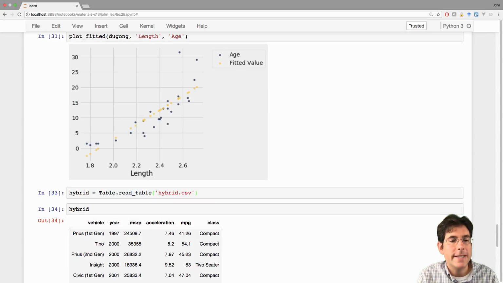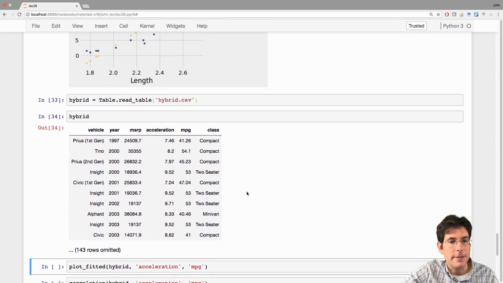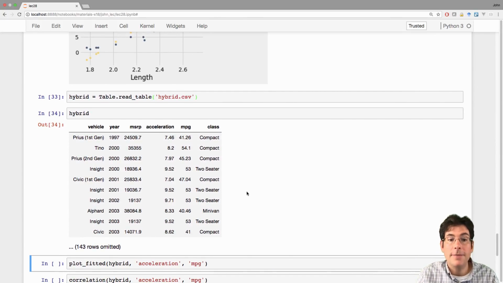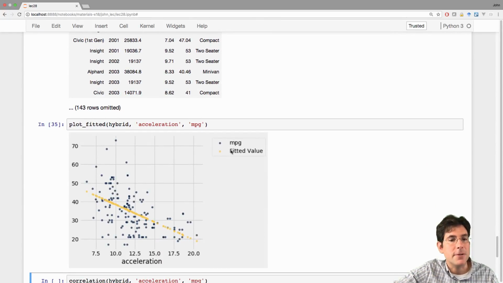Here's one more data set, hybrid cars. This is a description of different hybrids. Their price, the year they were manufactured, their acceleration, their miles per gallon, so that's how efficient they are, and their class. Are they a compact car or a two-seater, etc.? Let's see if there's an association between acceleration and their efficiency measured in miles per gallon of gas.